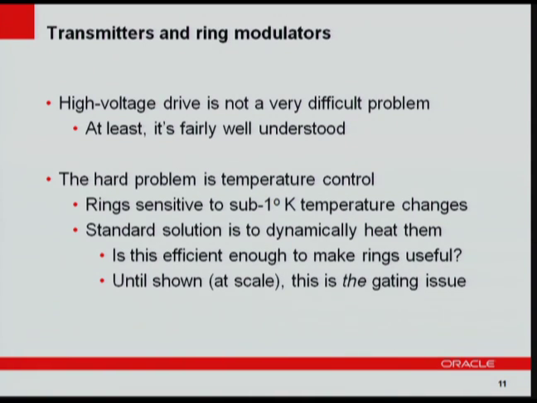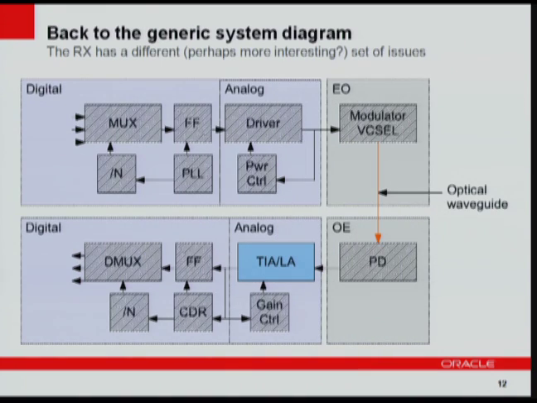You have to keep the temperature to sub 1 degree. The standard solution is to dynamically heat them, and you heard about the static power dissipation there. The question is whether such heating really makes this solution efficient or feasible. At least I haven't seen it at scale, so whether this is practical yet or not is unclear.